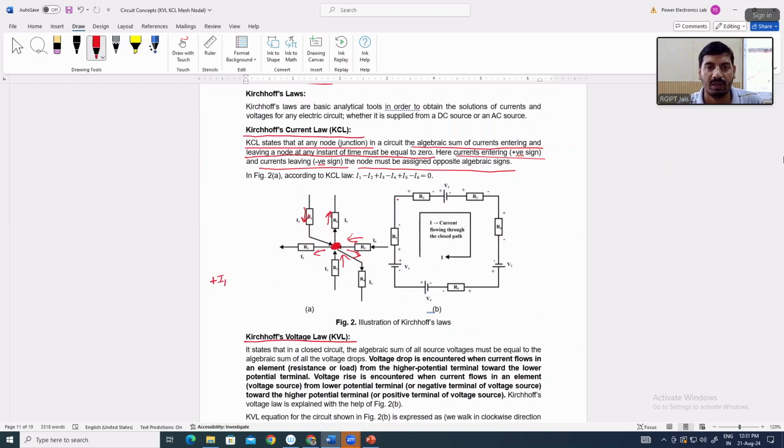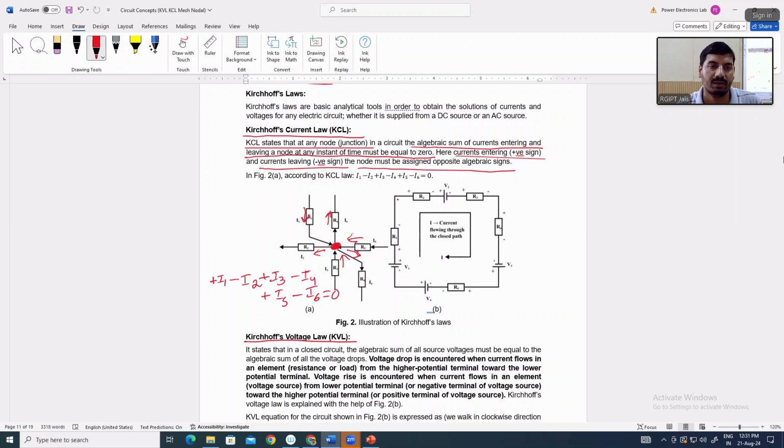Then I2 is leaving this node, so minus I2. Then I3 is entering, plus I3. Then I4 is leaving, minus I4. Similarly plus I5, minus I6, and that will be 0 as per the statement of KCL.